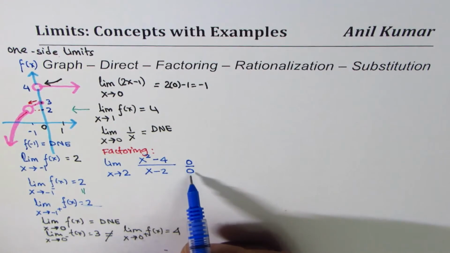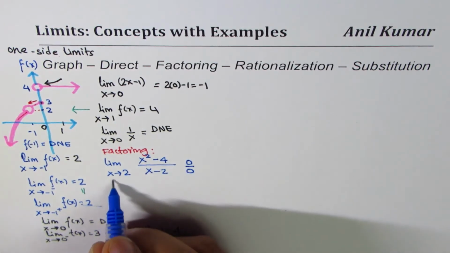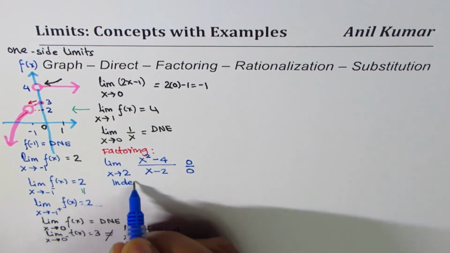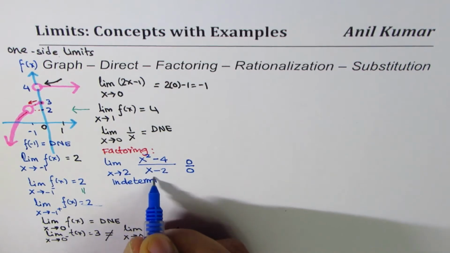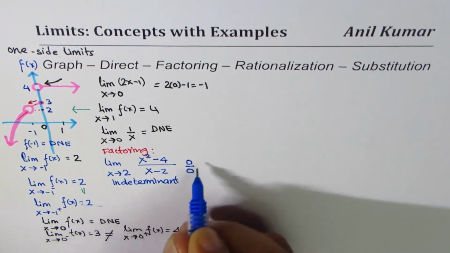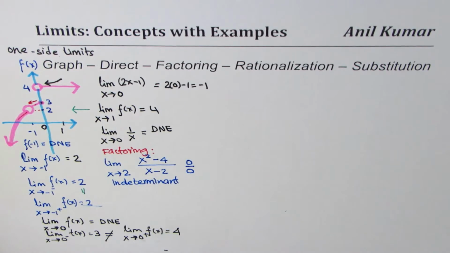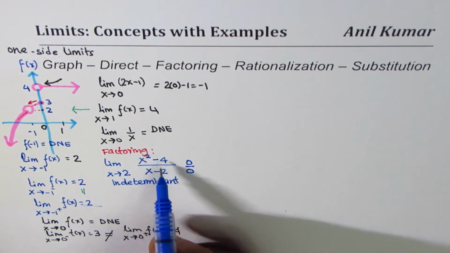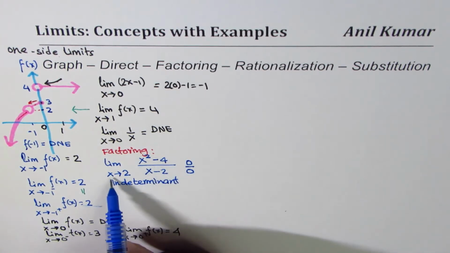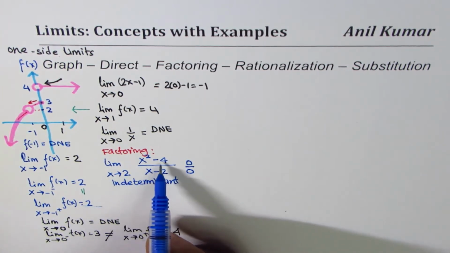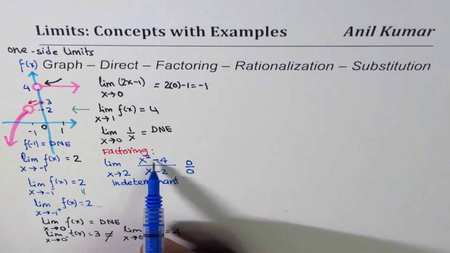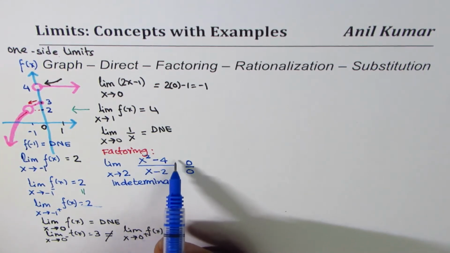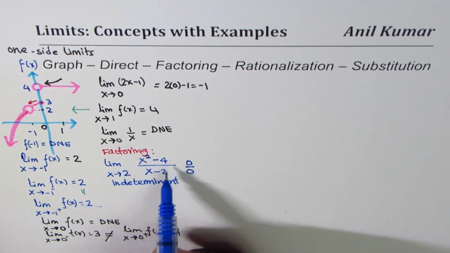Now whenever you get 0 over 0, it is called indeterminate. That 0 over 0 also indicates that there is a common factor in numerator and denominator, and the factor is x minus 2, which makes it 0.